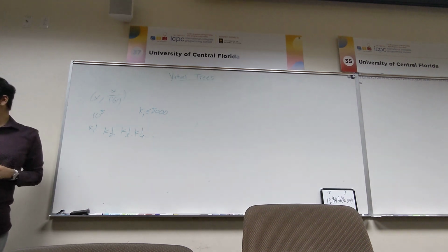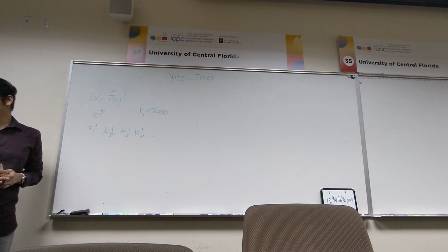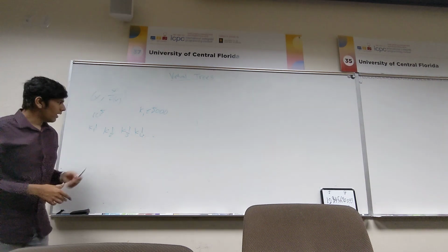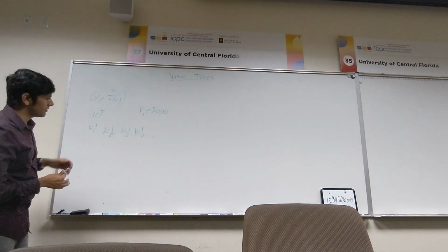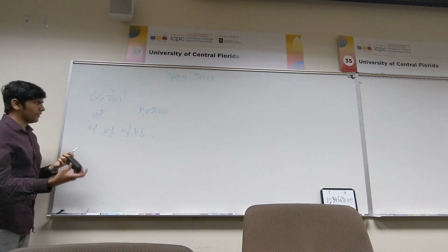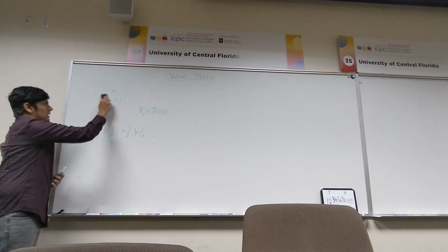Does that make sense to everybody? Are you outputting the node or the distance? I'll output the distance. It's a good problem to think about. Yeah, that was my lecture on virtual trees.